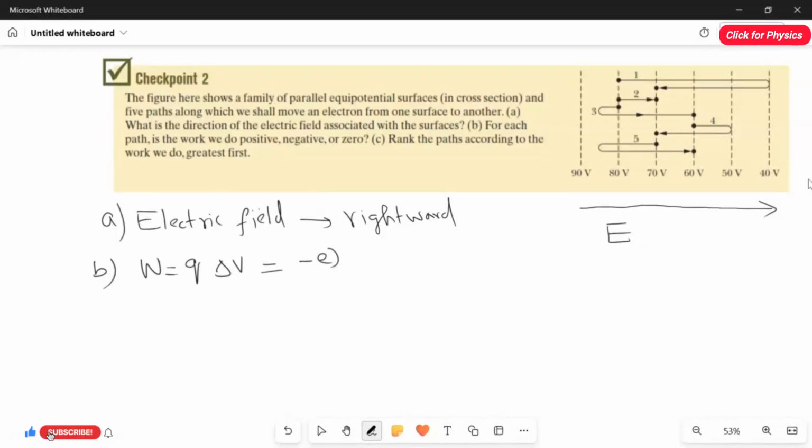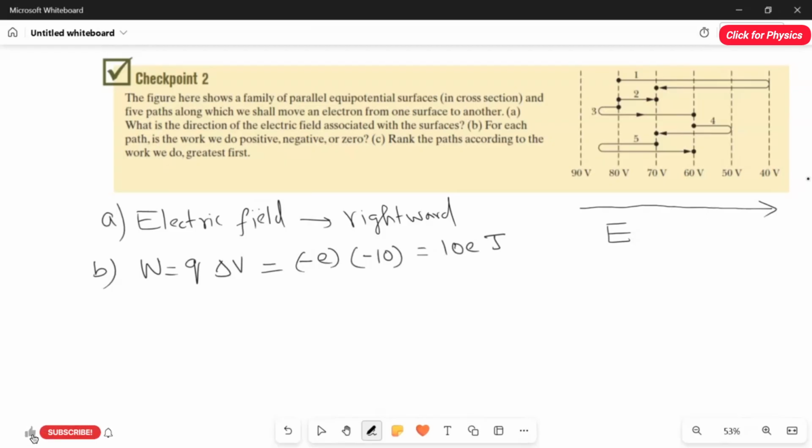The potential change is V2 minus V1. For path 1, it moves from 80 to 70, which is 70 minus 80, so we got minus 10 volt. So the work is equal to 10 times E, and the unit for the work is joule.